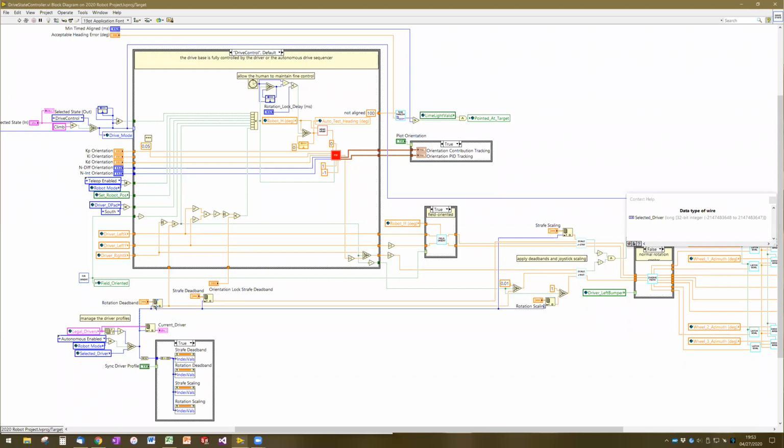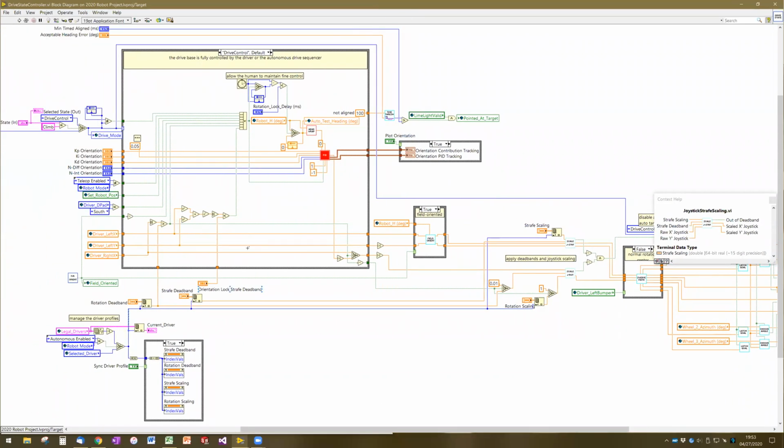It's pulling the correct index from the array, and the deadband and scaling values appropriate for that driver are then used throughout the rest of the code. Those are the ones that get put into the joystick scaling and are used in some of this earlier code, which we'll talk about later.